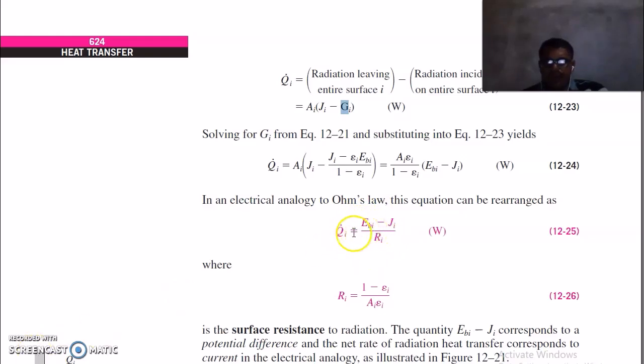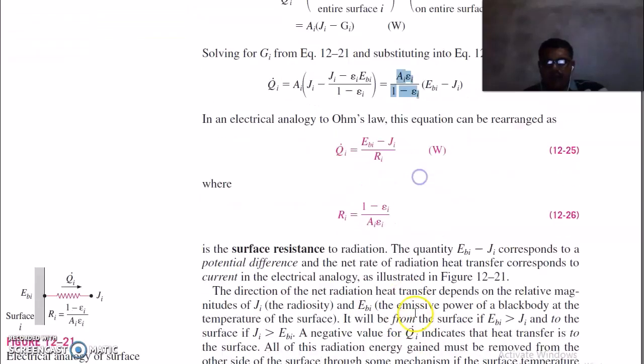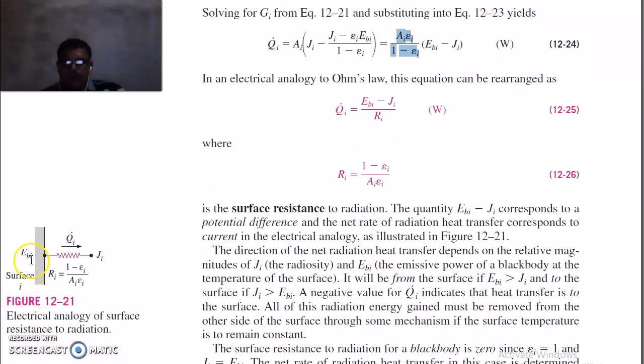If you compare this relation with this relation, it is clearly visible. This term is your resistance, the surface resistance to radiation. This is heat transfer in the form of radiation, and resistance in this case is this.